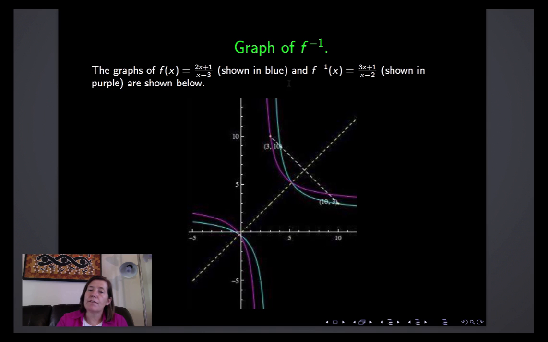Now, the graph of f inverse is shown in purple here, and this is the reflection of the graph of y equals f of x in the line y equals x, which is the diagonal of the plane. And we see that the point (10, 3), when we reflect it in the line y equals x, becomes (3, 10). The point (10, 3) is on the graph of y equals f of x, and the point (3, 10) is on the graph of y equals f inverse of x.